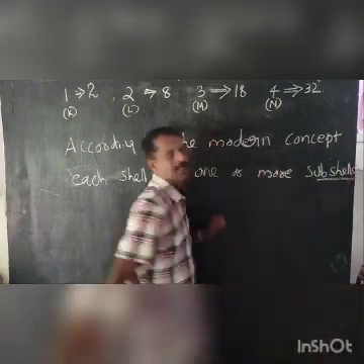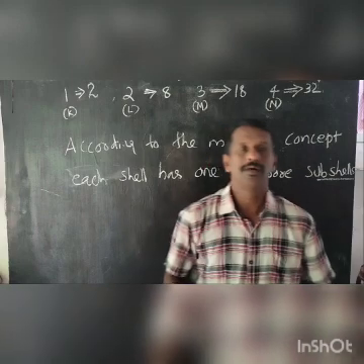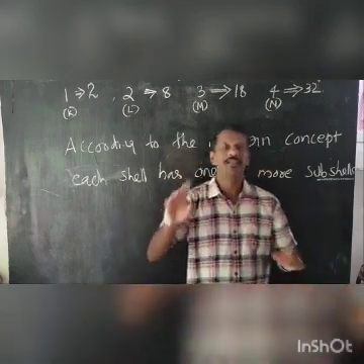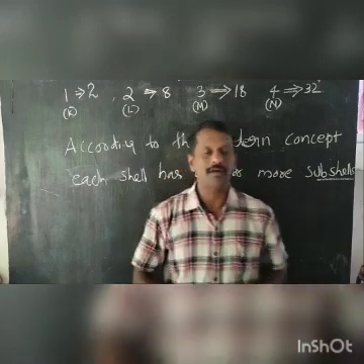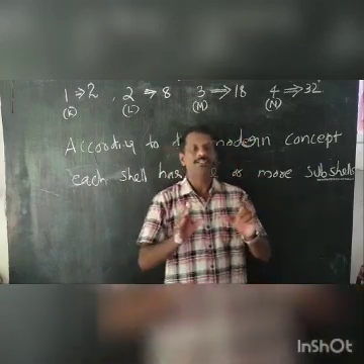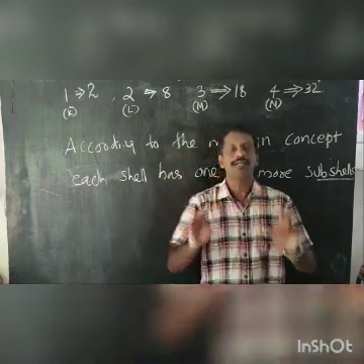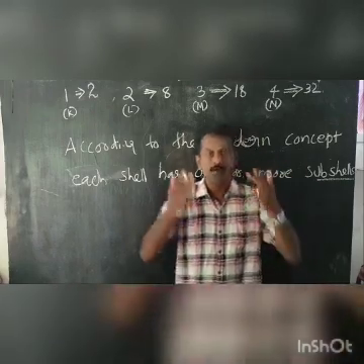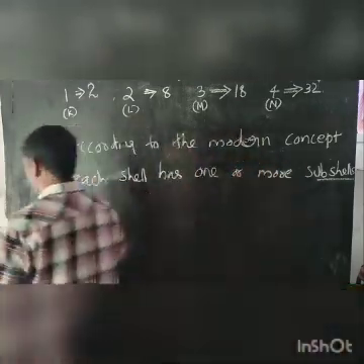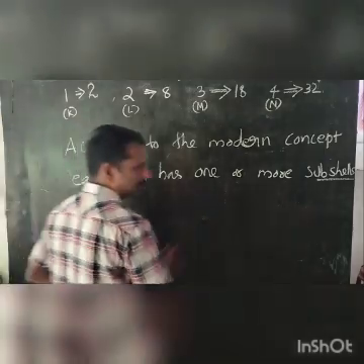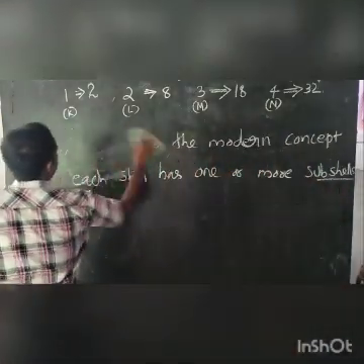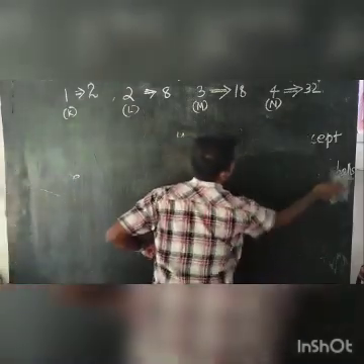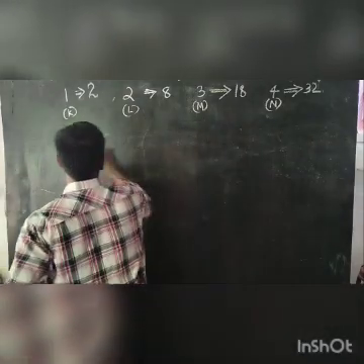This is the modern concept. In the Bohr concept, electrons are revolving around the nucleus in shells, but according to the modern concept, each shell has one or more subshells. Now, we can see the first shell, that means the K shell.